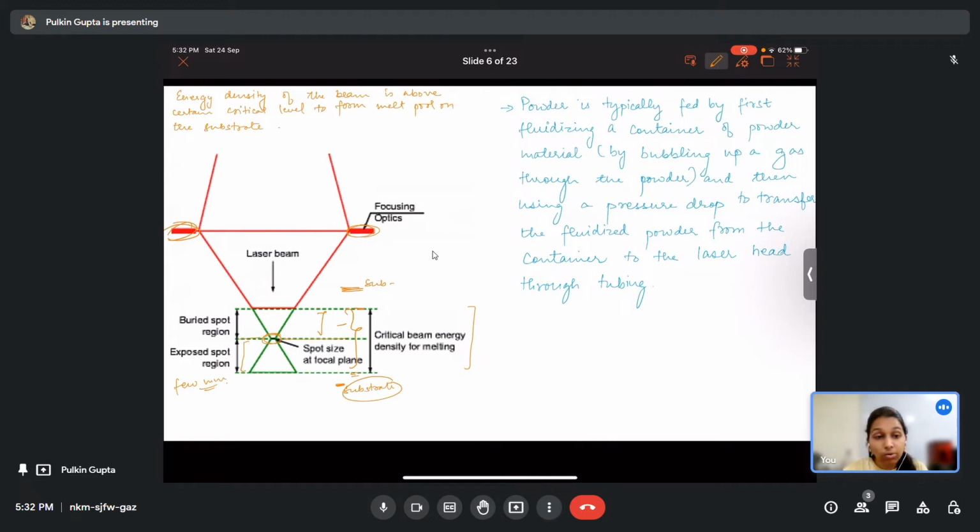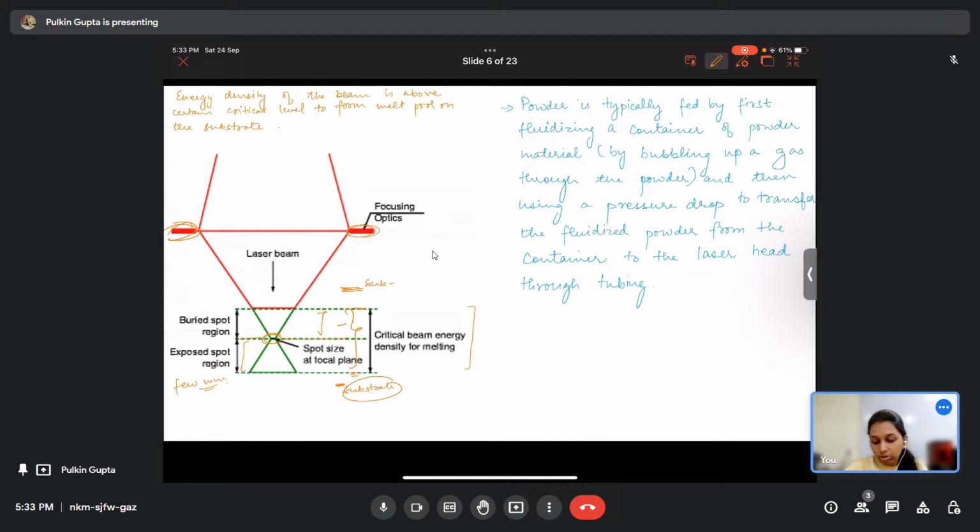Only then the melt pool will form. Similarly, the melt pool will not grow to a height that moves the surface of the melt pool outside this region.